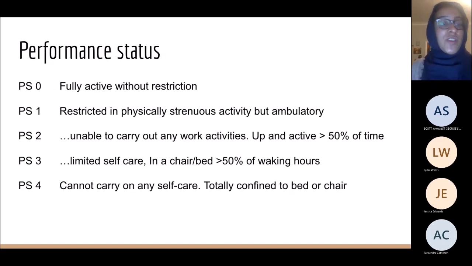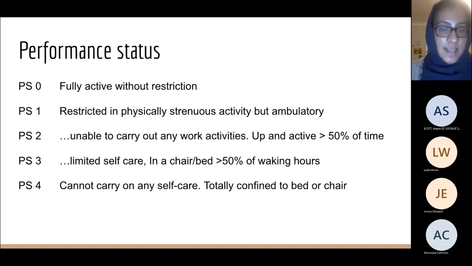Now, before you decide whether you want to go down a curative approach or palliative approach, whether you want to do adjuvant or neoadjuvant therapy, the number one thing that you need to look at as clinicians, and again, this will be something discussed thoroughly in MDT meetings, particularly in oncology, is something called performance status.